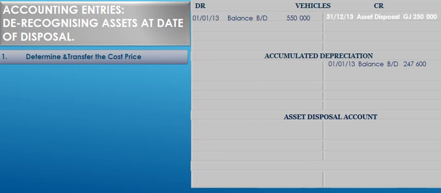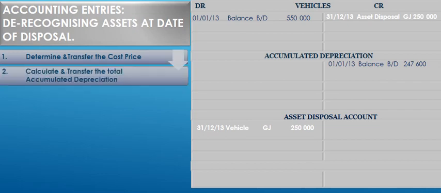The amount is the cost of the vehicle that is being disposed of, which is 250,000. To complete the double entry, we will debit the asset disposal with the contra on the same date reading as vehicle, posted from the general journal, the total amount 250,000.